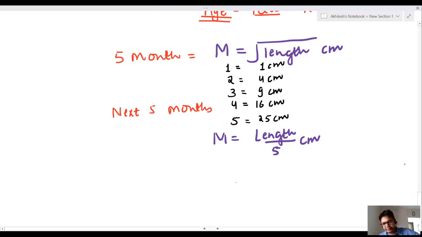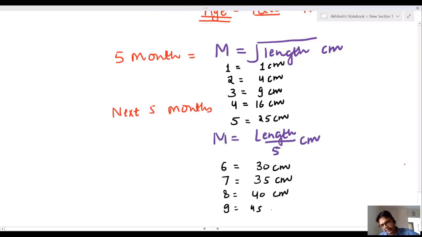For the next 5 months, we use this formula. If month is 6, length will be 30 centimeters. If month is 7, length will be 35 centimeters. If month is 8, length will be 40 centimeters.